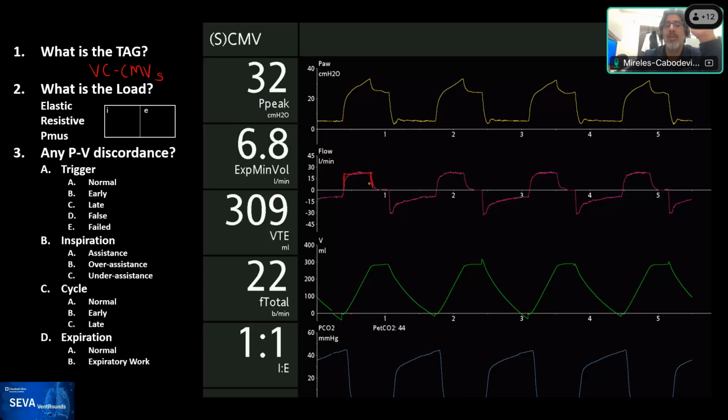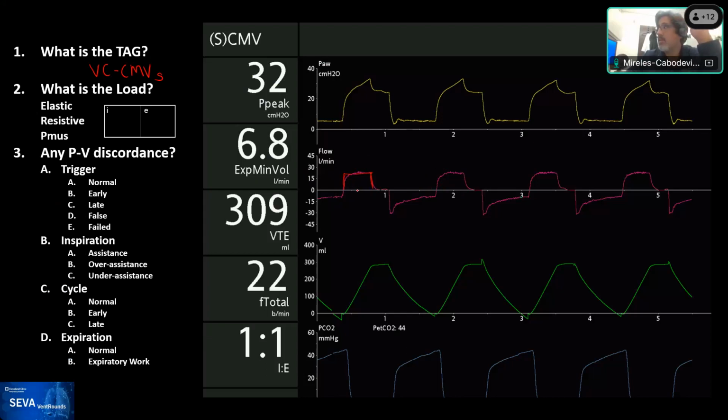And those differences are because there's the circuit compliance that changes, and it will cause these aberrancies on how the flow looks. But if you did something as simple as, for example, crimp a little bit the ET tube, or put pressure over the chest of the patient, you would see that the flow does not change. And that's one of the ways that we can see that this is volume control, when the flow doesn't change when there are changes in resistance, compliance, or PMOS.